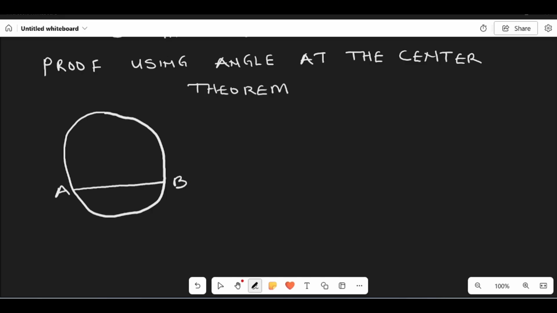Let us mark our center O. Let us join OA and OB to form the center angle AOB. Now, place a point C on the circumference and draw angle ACB.